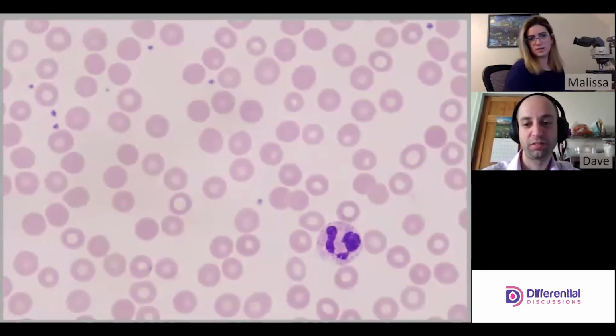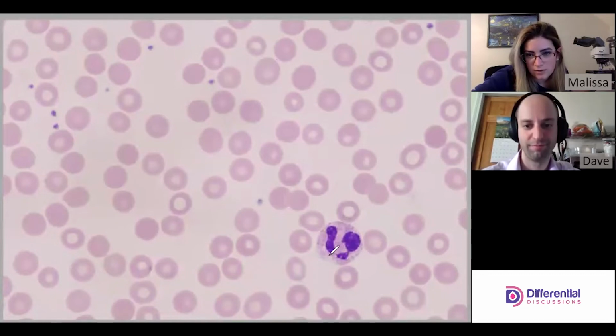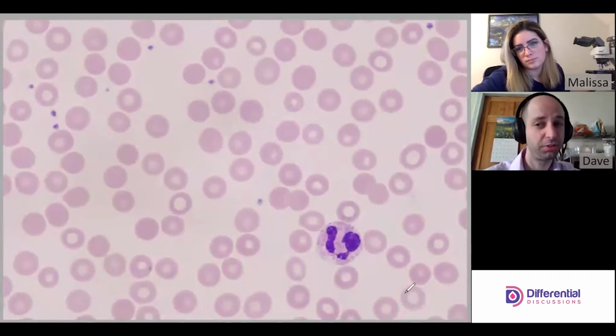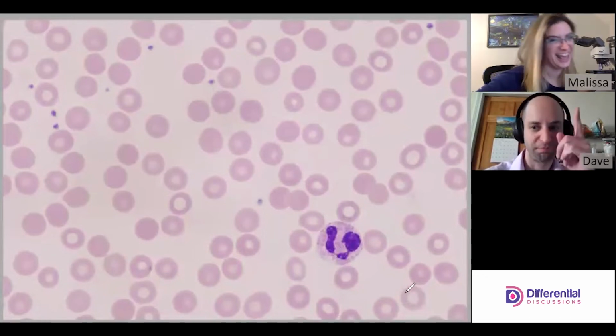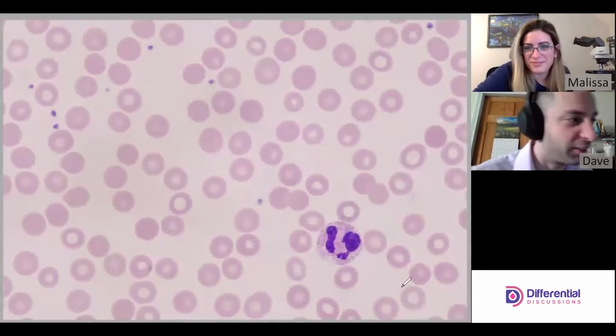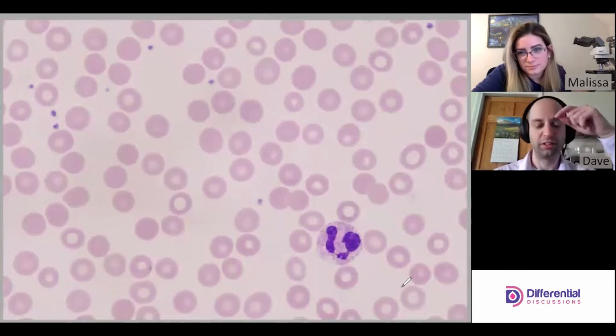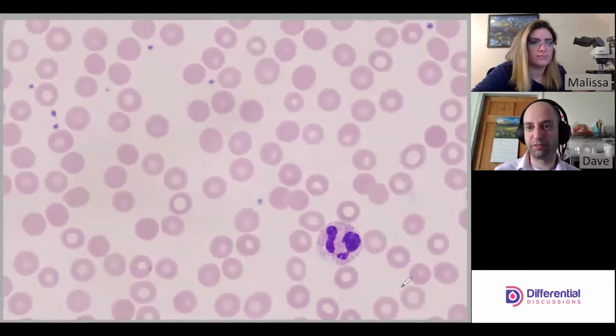Peripheral. Yeah, this one's a nice one. You can see it's got a few granules, one here and one right next to it. Do you mean to say vacuoles? Yep, vacuoles. This is a great moment because what do neutrophils do? We have to think about form and function, right?